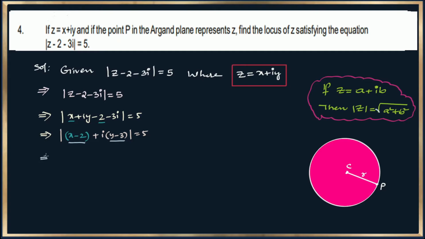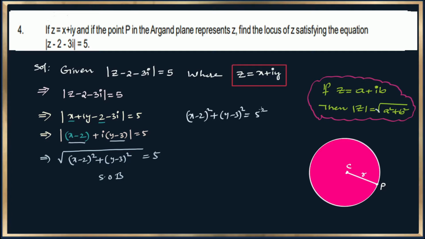So using the property of mod z, this becomes root over x minus 2 whole square plus y minus 3 whole square equals 5. Now squaring on both sides, this becomes x minus 2 whole square plus y minus 3 whole square equals 5 square. So this is the equation of a circle in standard form whose center is (2, 3) and radius is 5.